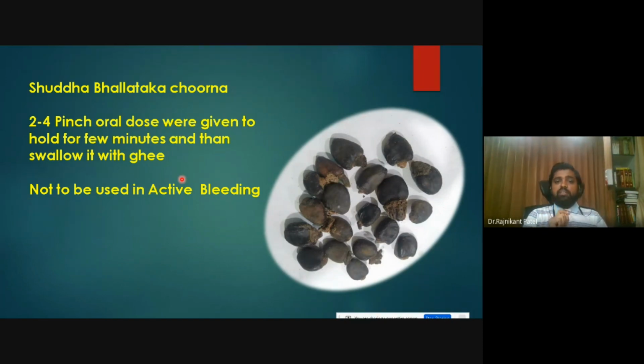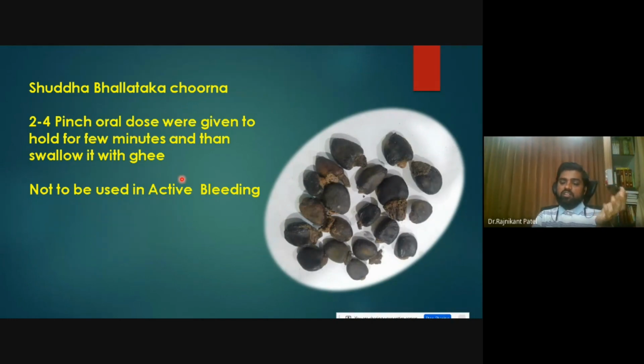We must keep in mind that before using Bhallataka, we should 100% confirm that there is no active bleeding inside the body. In this patient also, we did not start Bhallataka initially. First, we have to stop the bleeding, or bring the Pitta down a little, and then use this Bhallataka.